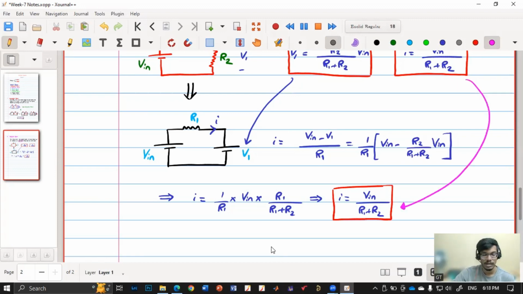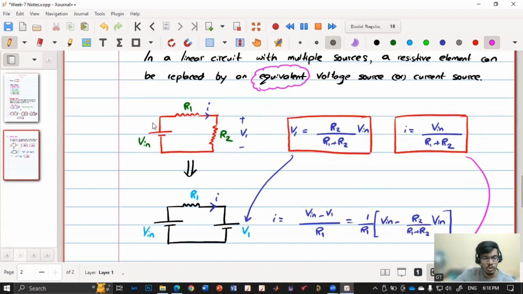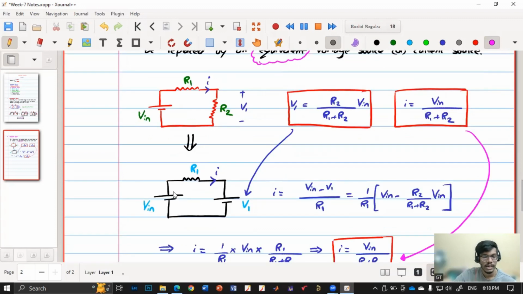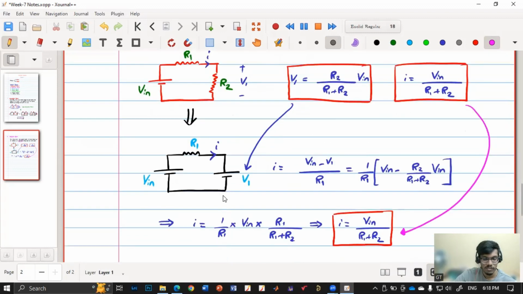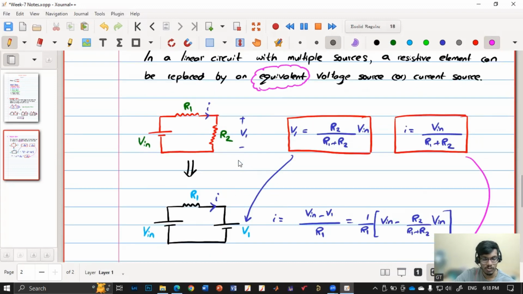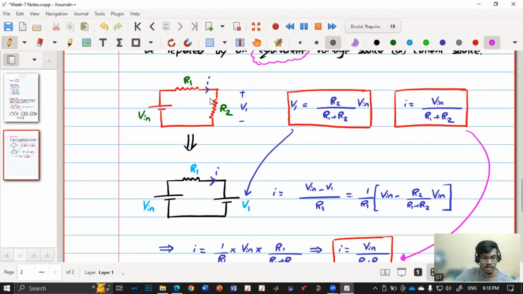Whatever current the source was supplying in my earlier circuit, it is still supplying in this circuit. I have converted this resistor into a voltage source just for my ease, and I'm trying to prove that the circuit still remains the same, and KVL or KCL, nothing is violated.